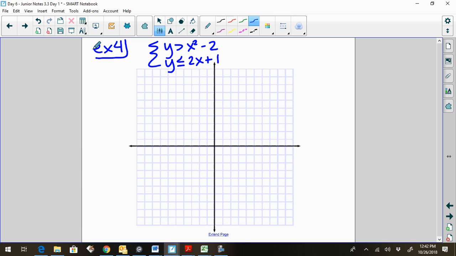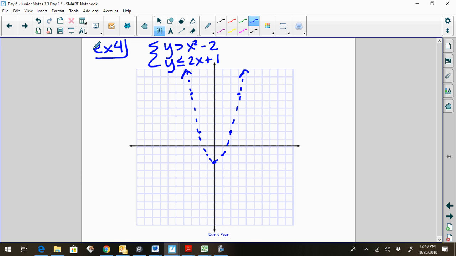So the first one, y is greater than x squared minus 2. We start at -2. We have our parabola because the a value is 1. 1, 2, 3, 4, 5. And it's greater than, it doesn't have the equal to part, so we make it a dashed line.